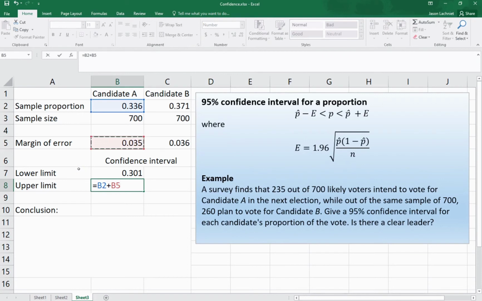Just doing the simple computation, an addition or a subtraction, and always remembering to begin any computation in Excel with an equal sign. That evaluates to 0.371.